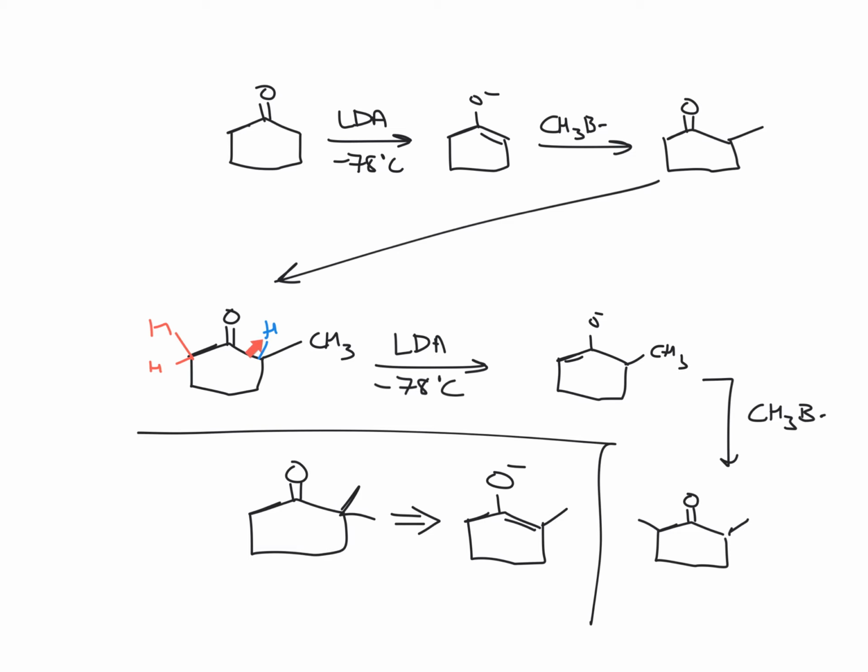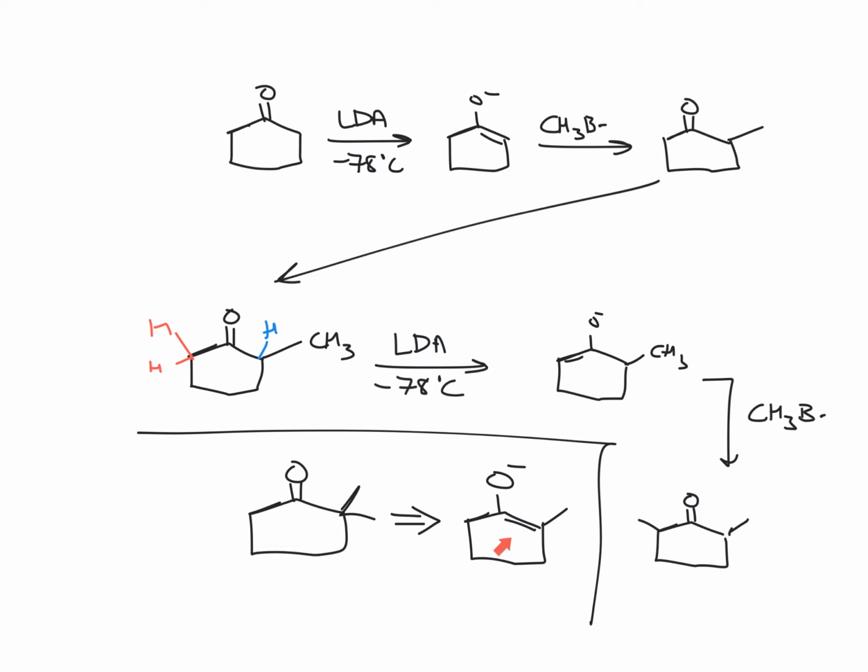It's the more sterically hindered proton. So how could we access that? Well, it's probably not going to be by speed, but it's going to be by thermodynamics, by reaching an equilibrium, because this enolate is more stable thermodynamically than that enolate.